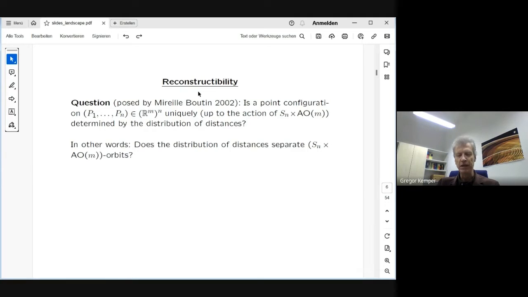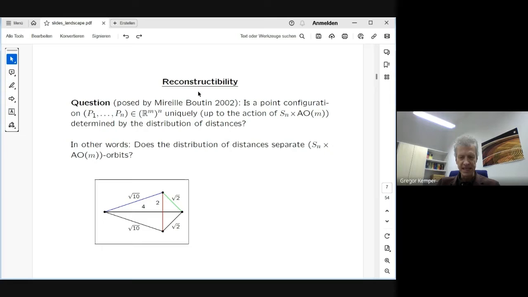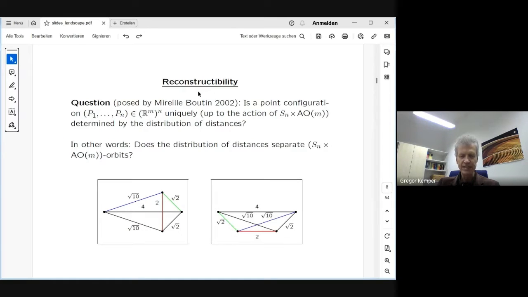Because, in fact, when we thought about this question for a while, we found a counterexample, and it's given by these two 4-point configurations, so quadrangles, both of them. And the second one is just obtained by mirroring down the upper point here downwards, and then it ends up here.